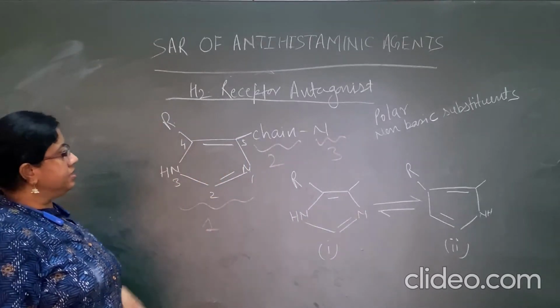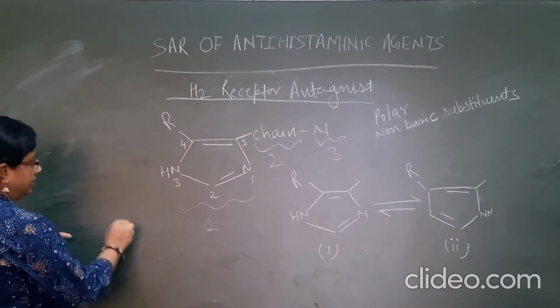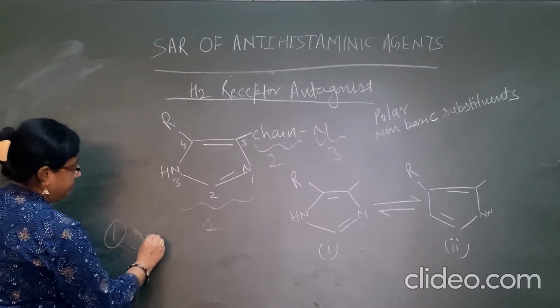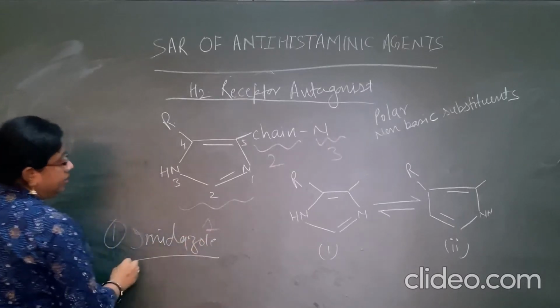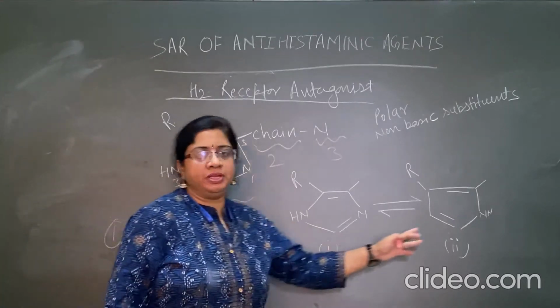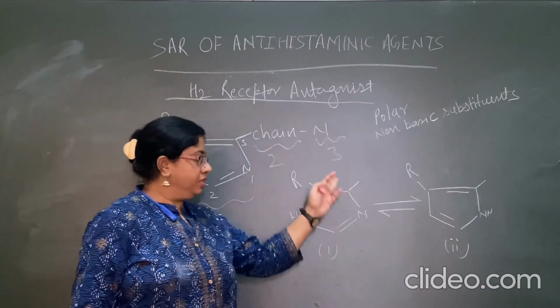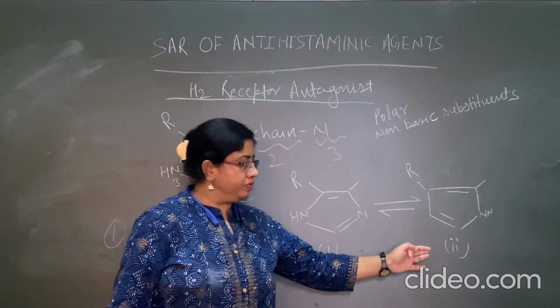First we will discuss the imidazole ring. This imidazole ring exists in tautomeric form. You see structures 1 and 2.